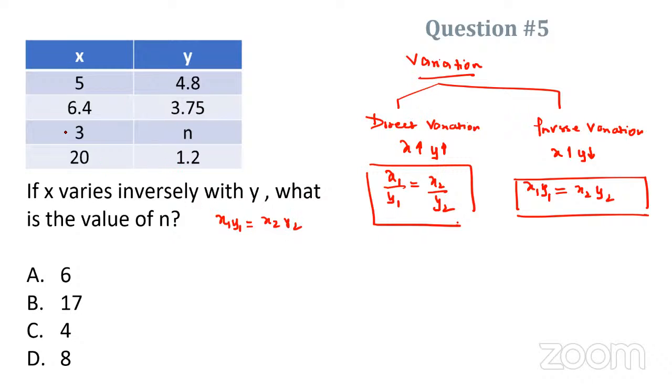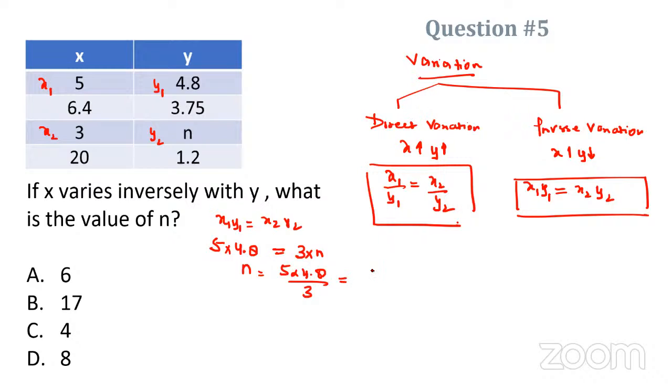Now, in order to find the value of n, let's say this is x2, this is y2, and let me just pick any values as x1 and y1. So x1 is 5, y1 is 4.8, and that should be equal to x2 y2. x2 is 3, and y2 is the value that we are looking for, which is n. So n is nothing but 5 into 4.8 divided by 3.